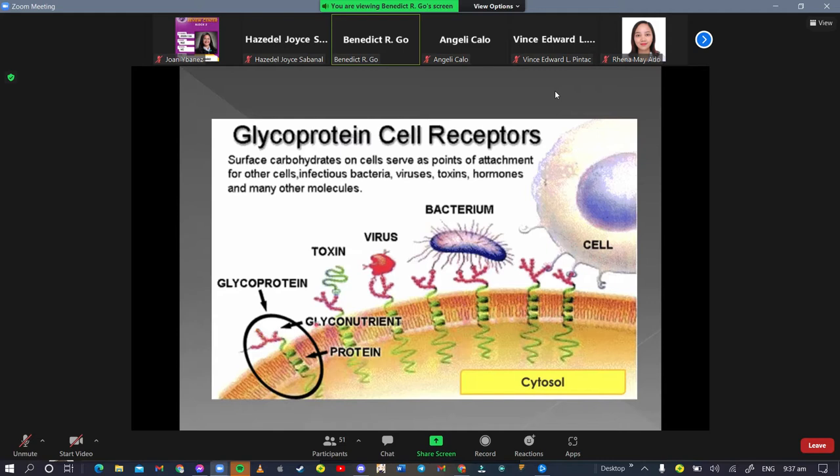Now, these serve also as attachment points for certain cells or toxins or viruses. Can you give me an example of a toxin that binds to your oligosaccharide?